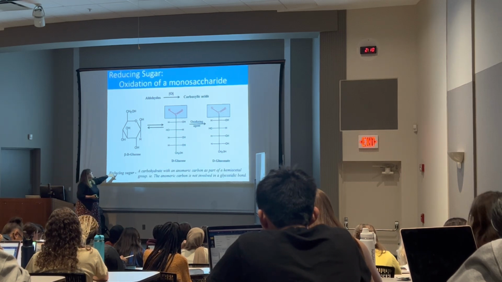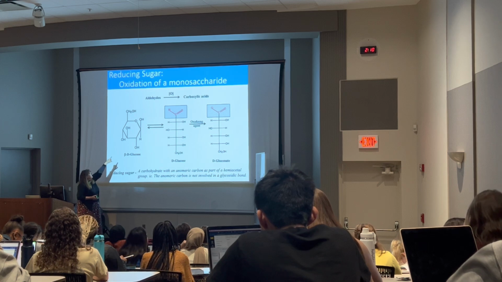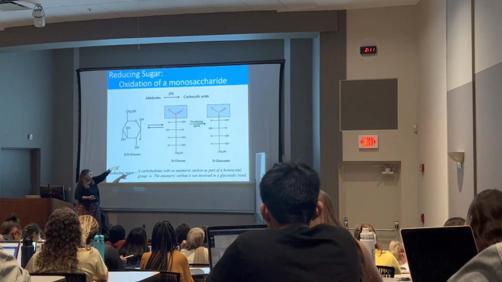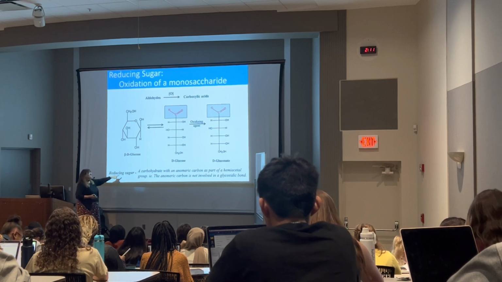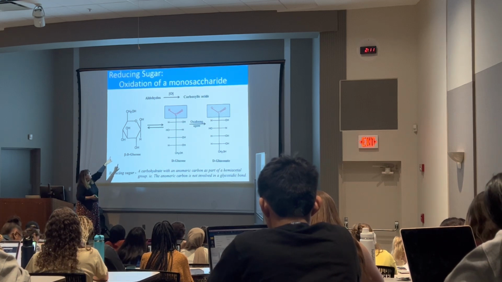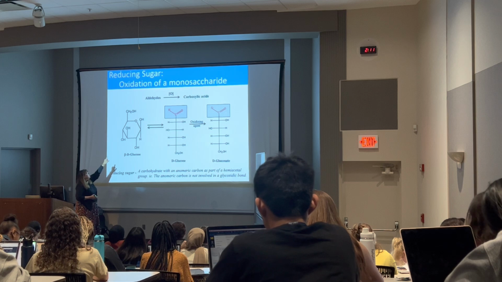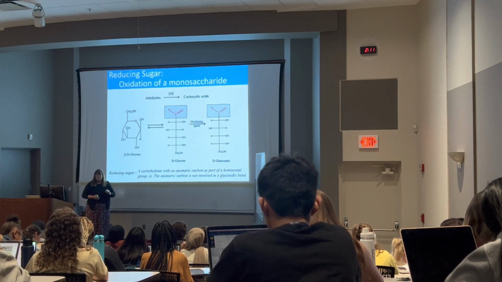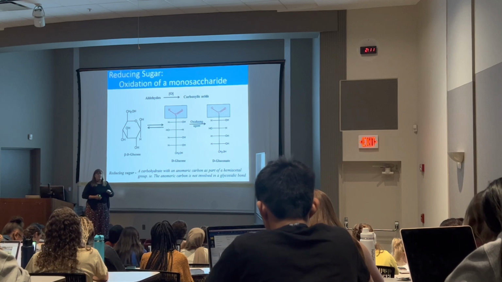A monosaccharide that can open up and form a Fischer projection is called a reducing sugar. It is only in its hemiacetal form. Right now, this monosaccharide is in its hemiacetal form.